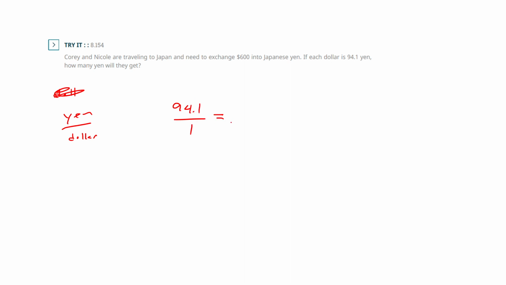Now I've got 600 US dollars, so that's dollars, so that's on the bottom, and I don't know how many yen that is. So let's lasso. 1x times x is just x, and then 94.1 times 600. Okay, and that's how many yen I would have.